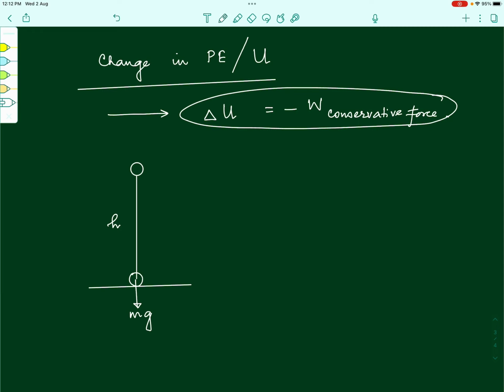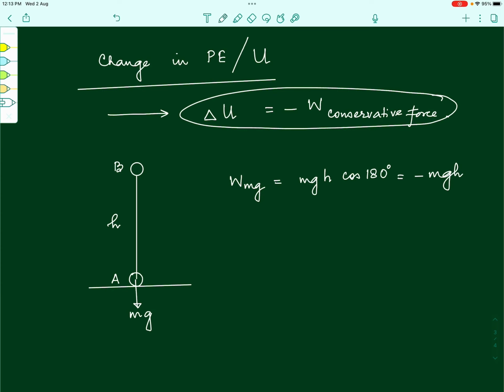What will be the work done by gravity as the ball moves from position A to position B? Can we say that the work done by gravity, work done by mg, will be mg into h into cos 180, because the force of gravity is acting downward whereas the displacement is upward, and this work done comes out to be minus mgh, right?